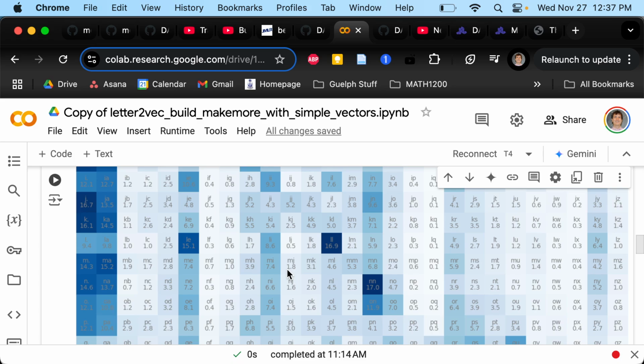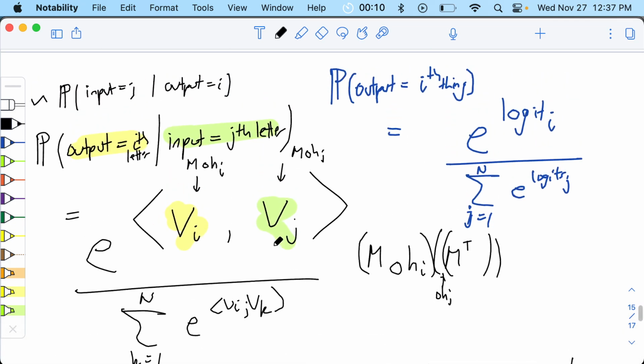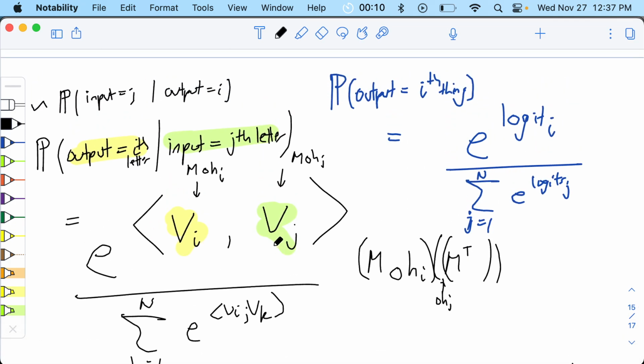So a really simple way you can fix it is, let's just use a different vector embedding for the output than the input. So all we're going to do, very simple improvement, is add a new vector embedding. I think the way I did this is I called this one W. So instead of having just V, let's have two embeddings: an embedding for the input and an embedding for the output.